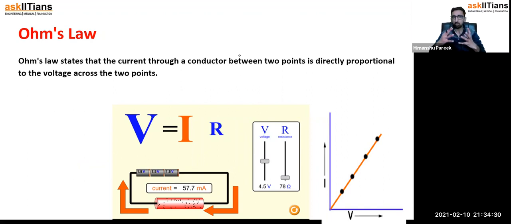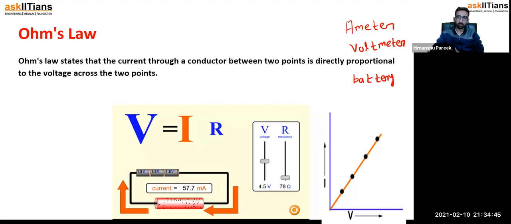In this experiment you would be getting one device called an ammeter, and one device called a voltmeter. You'll be getting a battery in which you can change the voltage, and we will also get resistors. We'll get some wires, or we can use a bulb as the resistor.